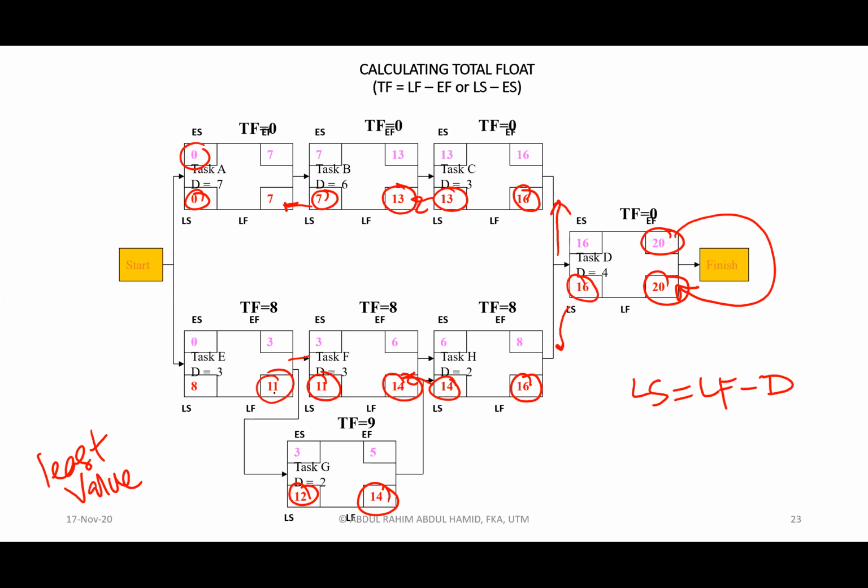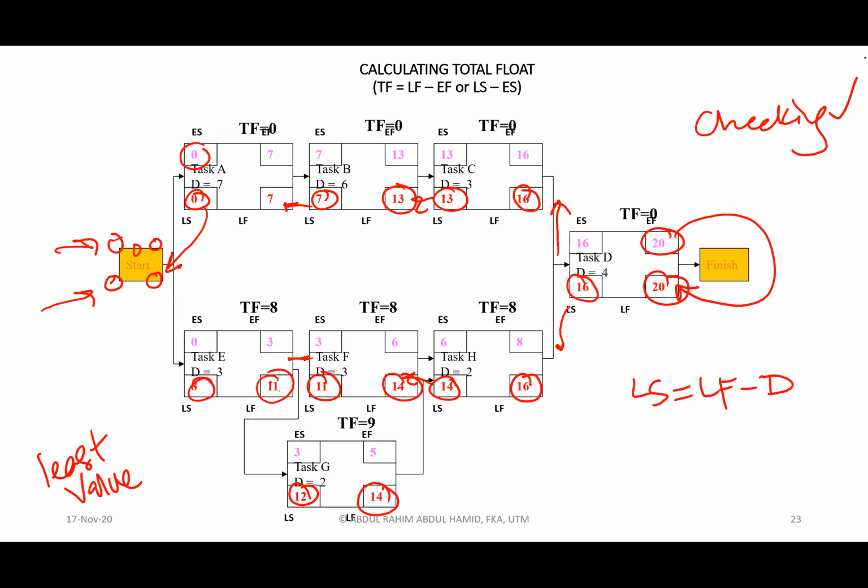We take the least value, which is 11, coming from activity F, and then inside the box, 11 minus 3 equivalent to 8. And you notice that we start with 0, and 0 minus 0 equivalent to 0. You see, we start with 0, and then we should come back with 0. That is the concept of checking.